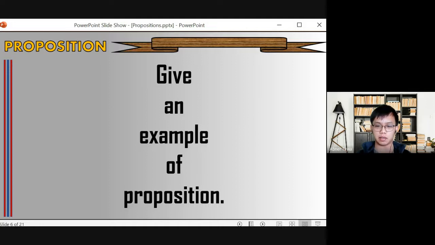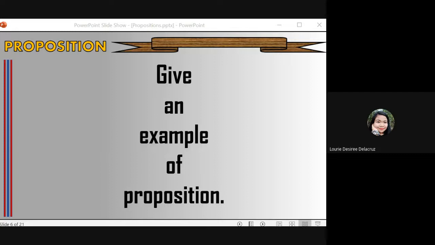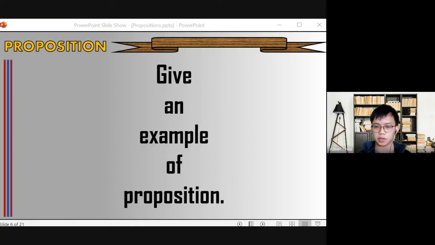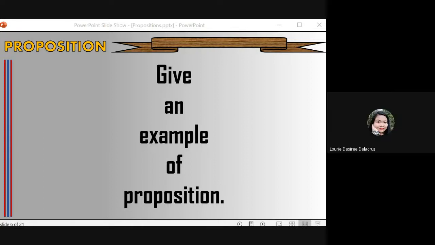And then let's have the last example from Marinel. Nandito na ba si Marinel? Or wala pa? Okay, let's have Janil. Okay, Janil, can you give me one example? Nasaan yung mga to? Sir, nawawala yung net nila. How about Marinel? Sir, same lang.